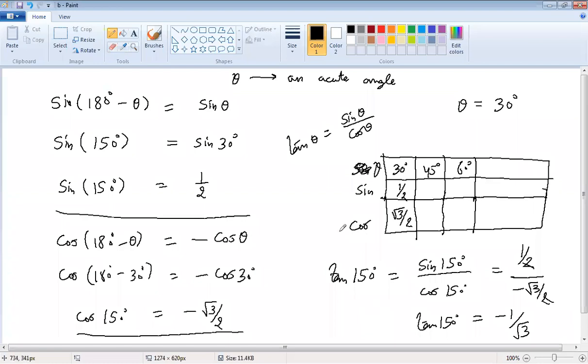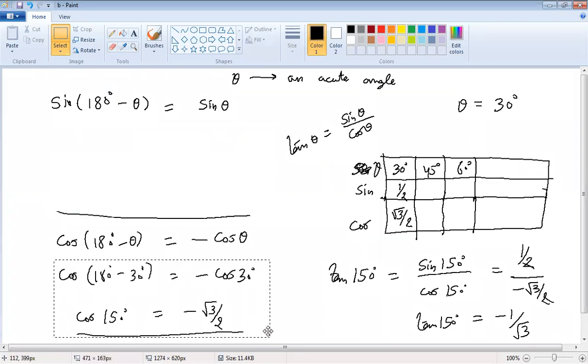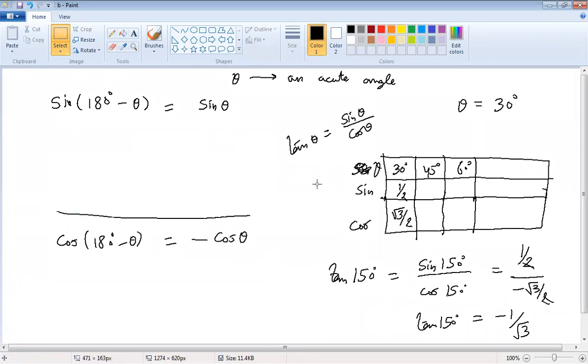So I can erase some part from this screen. I have written the two formulae, but I have erased the specific values.